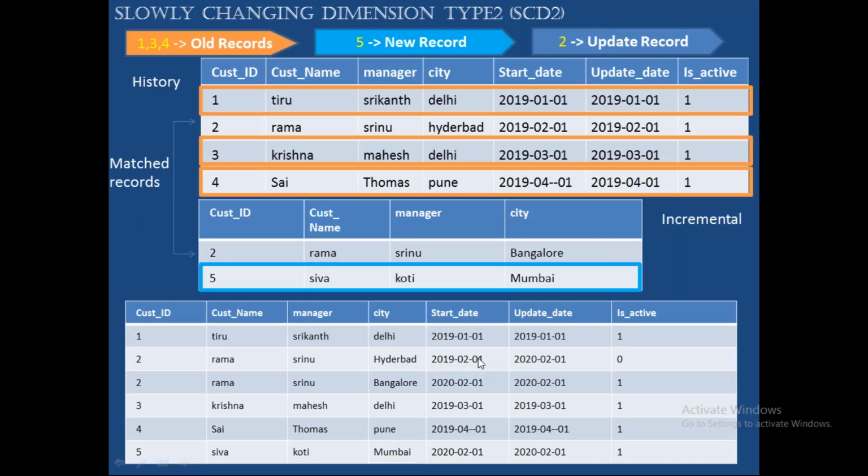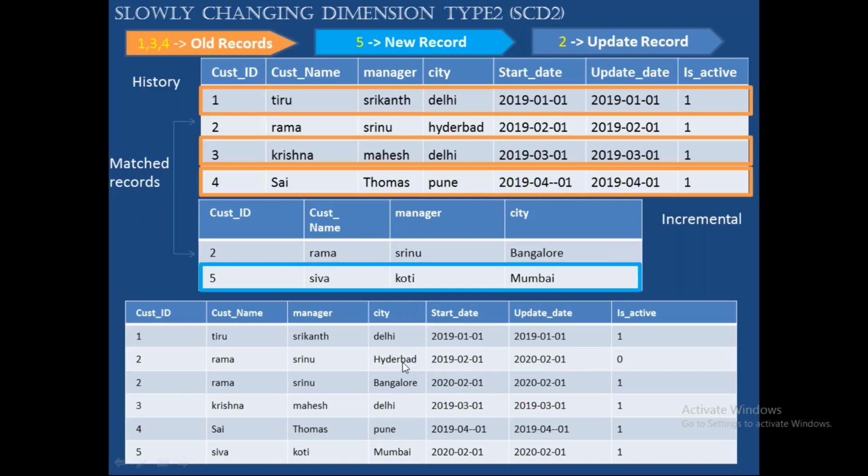From 2019 to 2020, because this is the updated date. So the record came on this date, and again the record is updated on this date. When this record is updated on the day, I have deactivated this particular record.